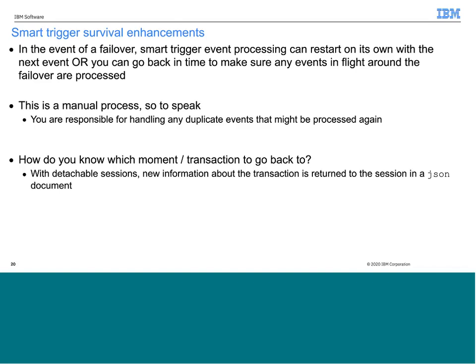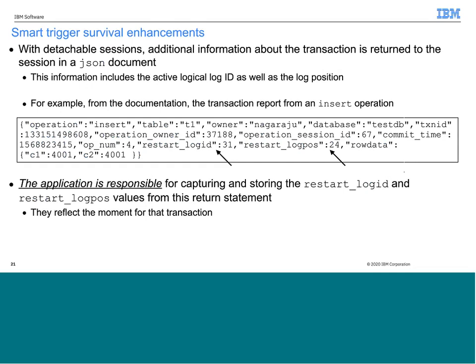Well, we're giving you new information now in the context of what's returned with a session commit. The return document is going to be formatted in JSON, and there are two new fields which represent where within the logical logs this transaction occurred.